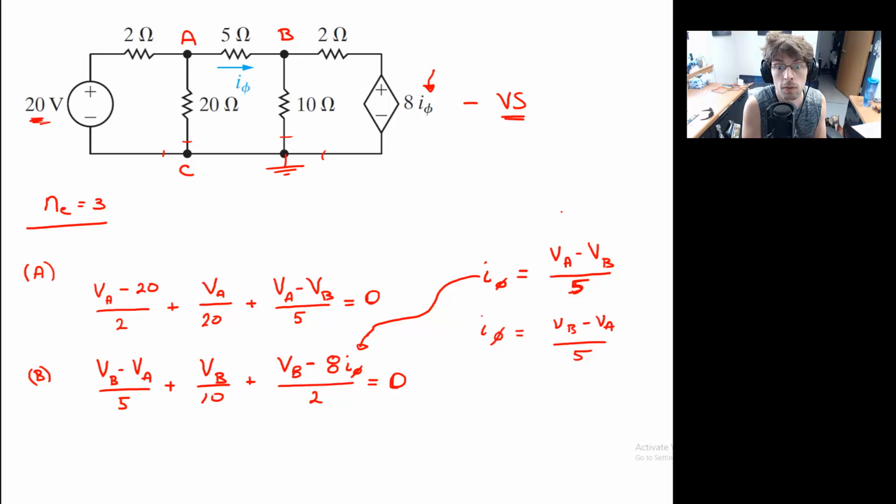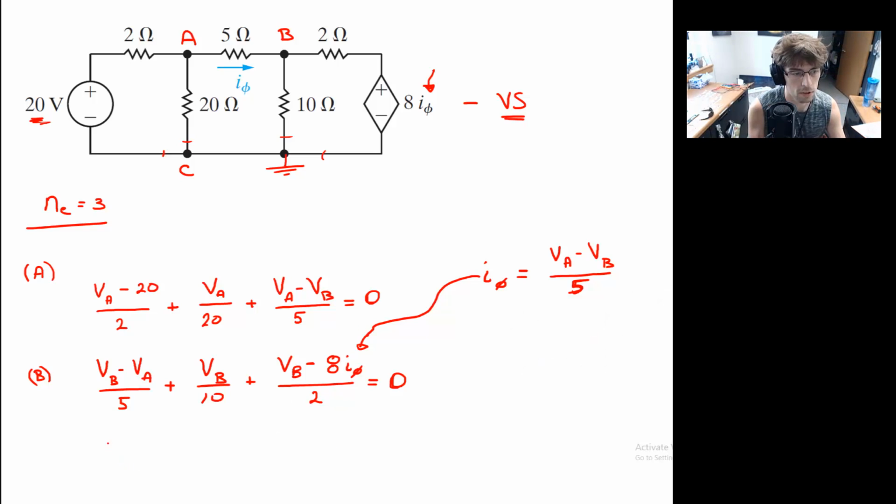Remember, node voltage, the first potential is the node that the current is moving away from. So this top equation matches the direction that we're given in the figure. Okay. So we'll get rid of that guy.